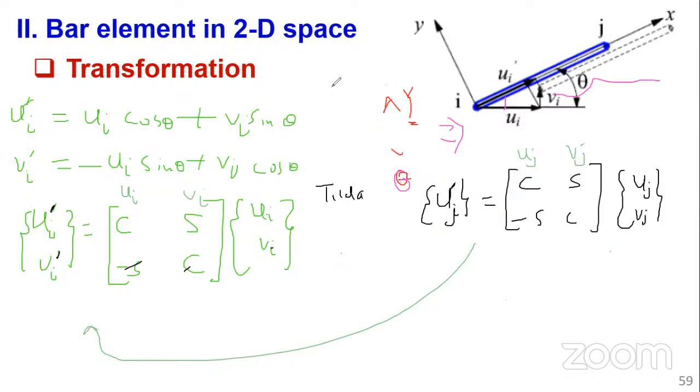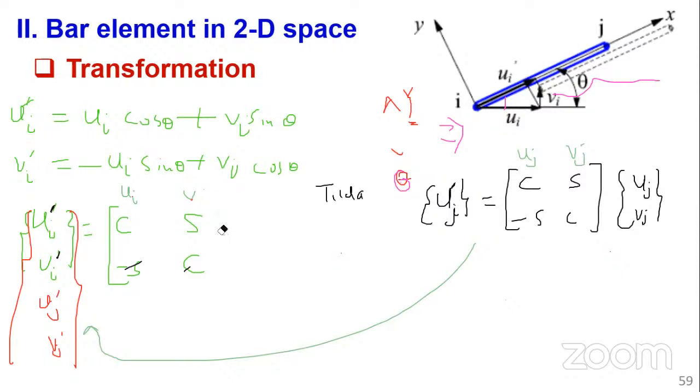So in this particular case I write Ui, Vi, Uj prime, Vj prime. This will now be one combined matrix. And because I know this corresponds to Ui, Vi, and for this quantity there is Uj, Vj, my matrix will expand like that.